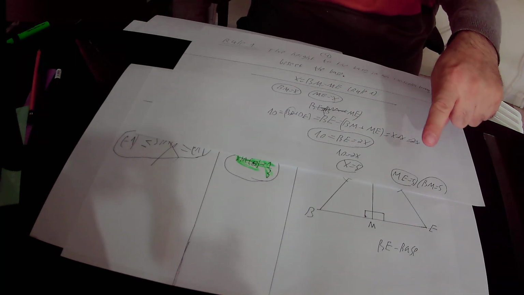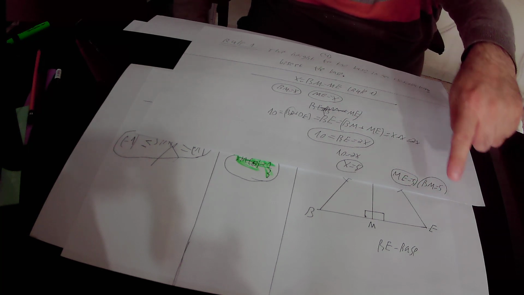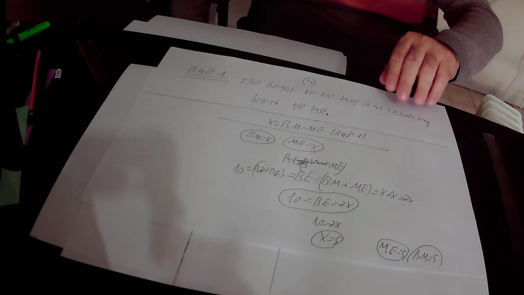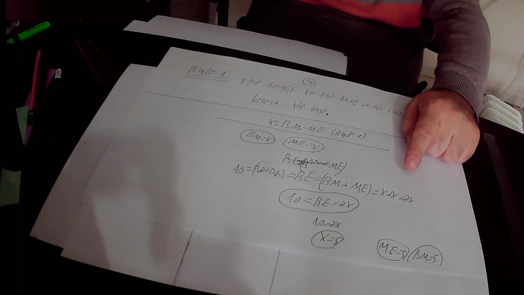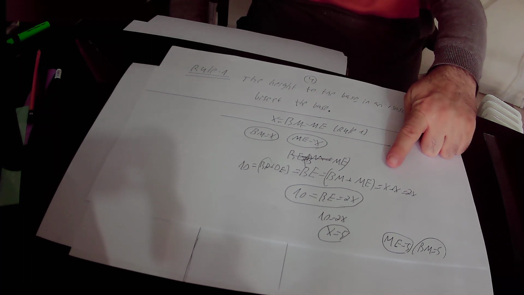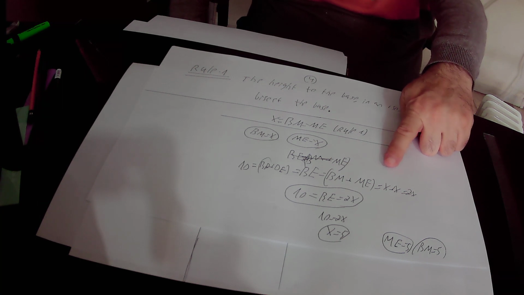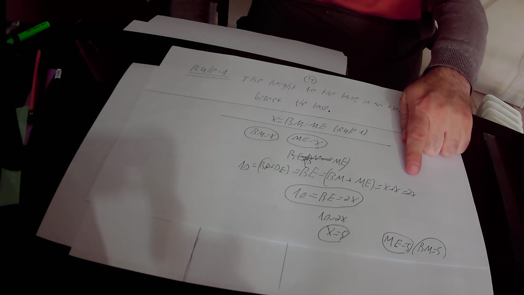Here BE is equal to BM plus ME from one side. That is to say, it equals BM, that is X, plus ME, that is also X. So from one side, BE equals X plus X, that is 2X.